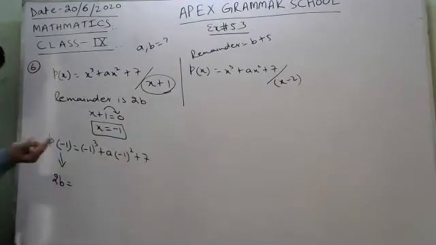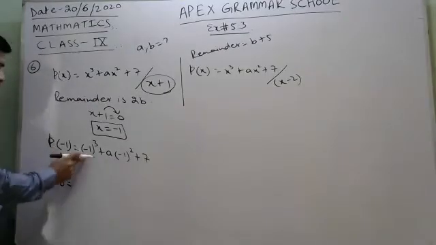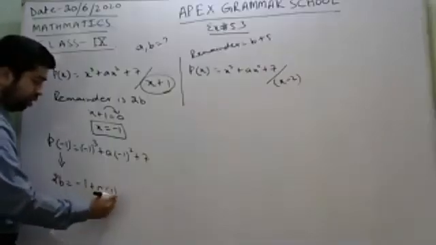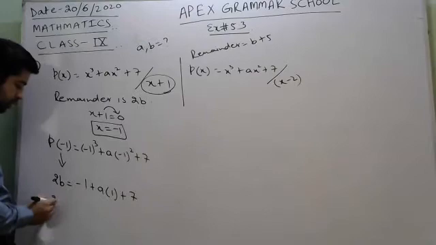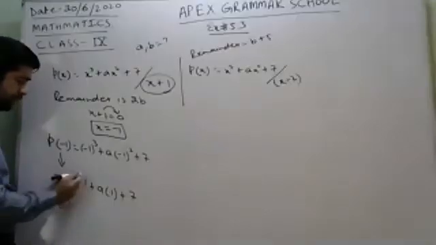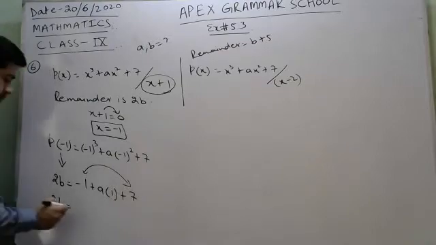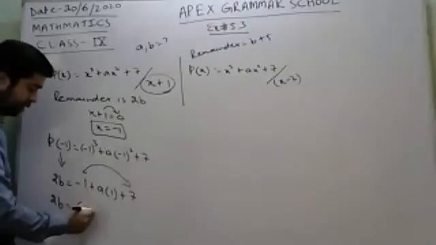This will be equal to this one. Minus 1 cubed is minus 1, plus a into minus 1 squared, which is positive 1, plus 7. So 2b is equal to minus 1 plus 7, which is 6, plus a, that is 6 plus a.